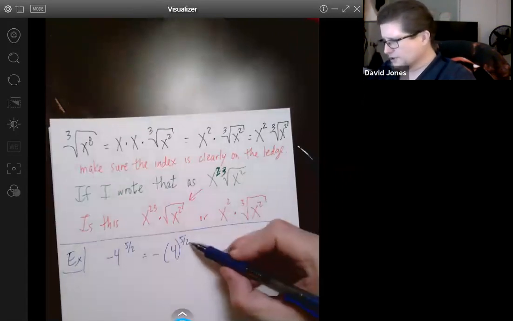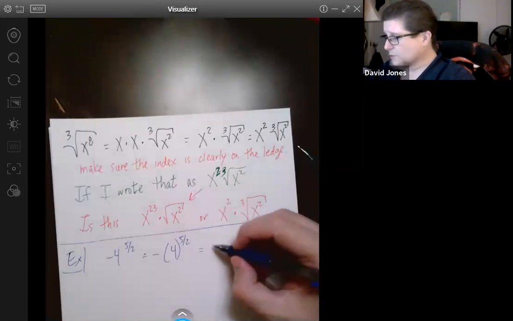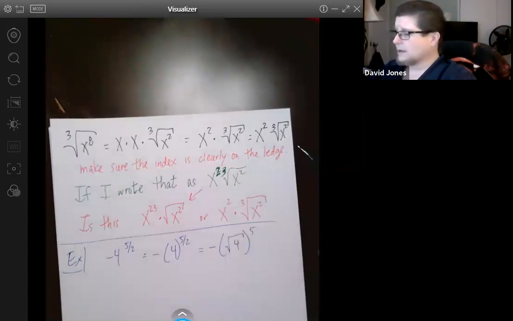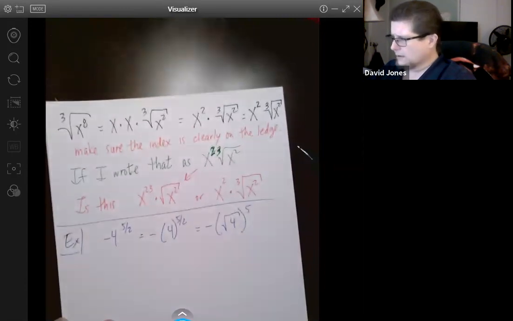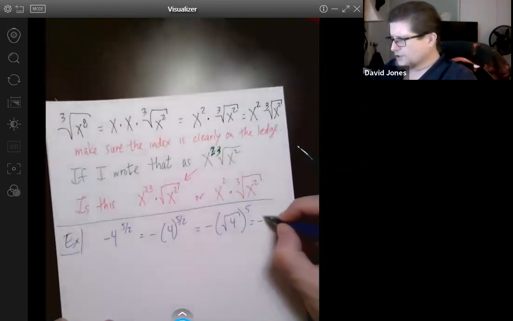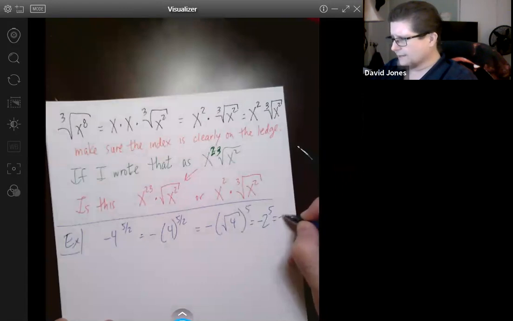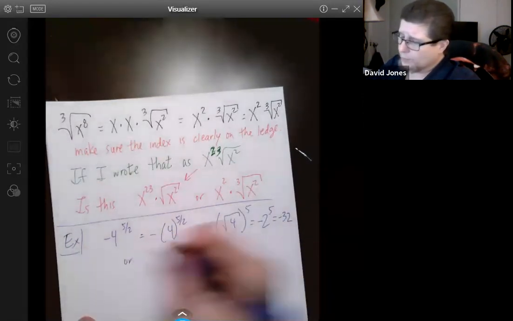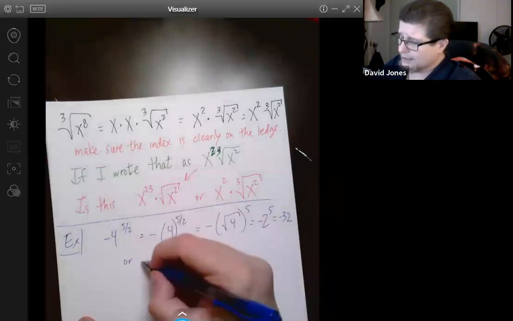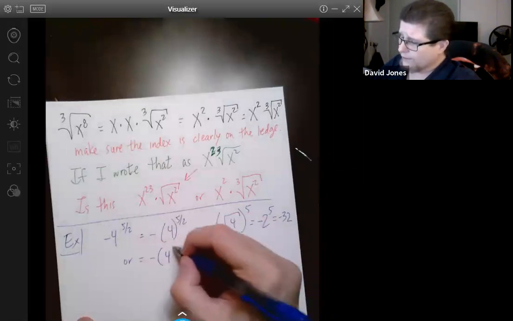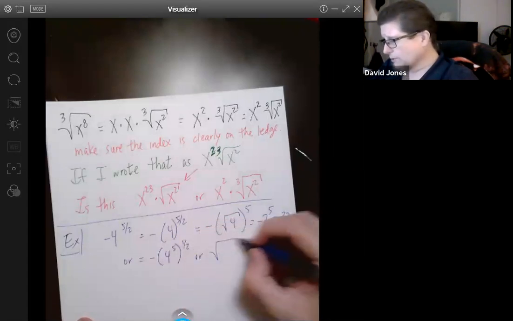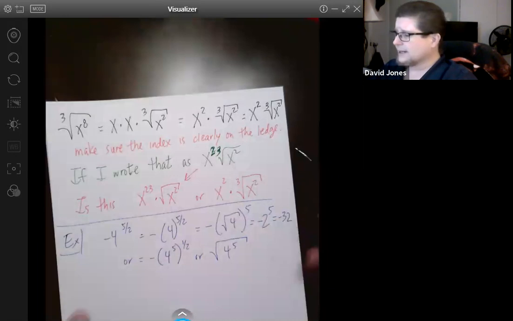I think it's easier to move the 2 in and make the square root, which is negative 2 to the 5th power, and that's negative 32. Or I could put the 5 on the inside. This is negative 4 to the 5th power to the 1/2, or the square root of 4 to the 5th. Less helpful.